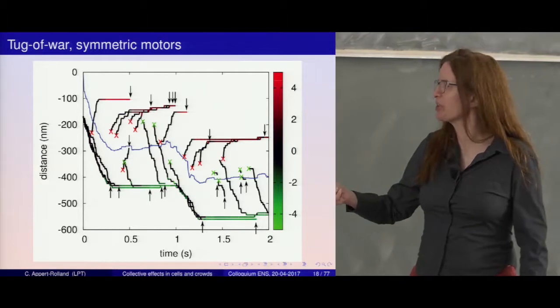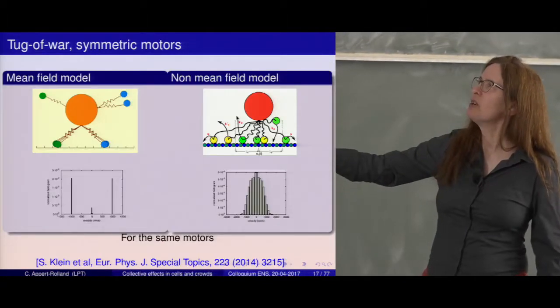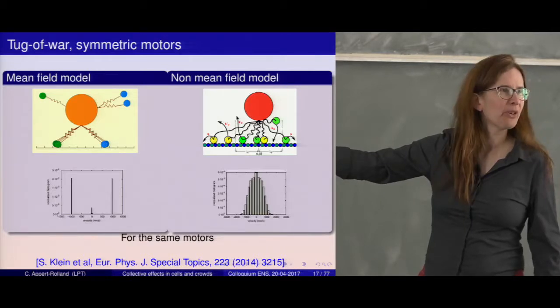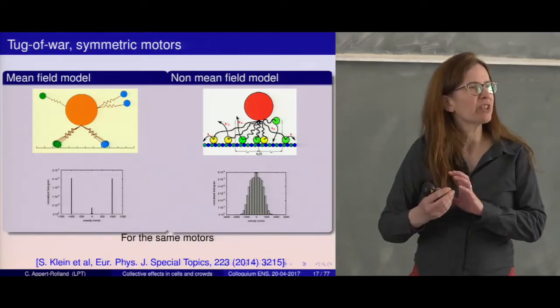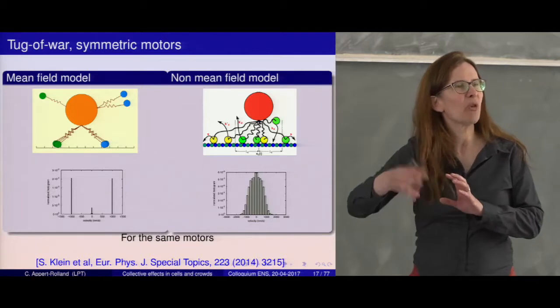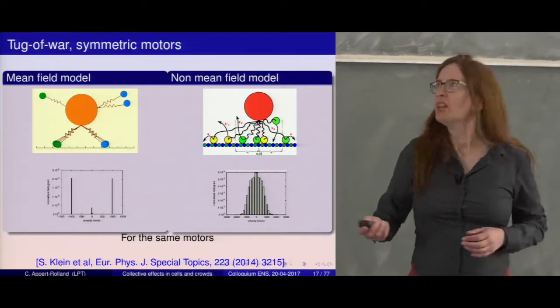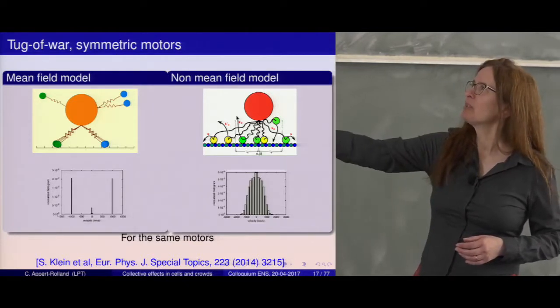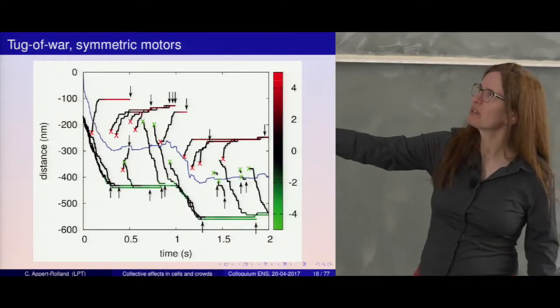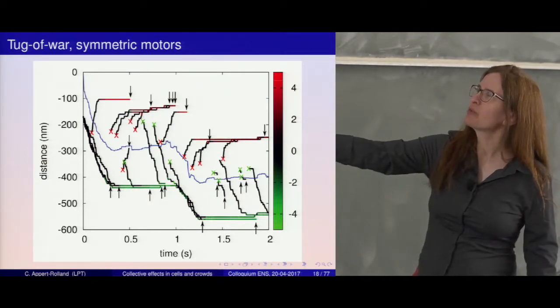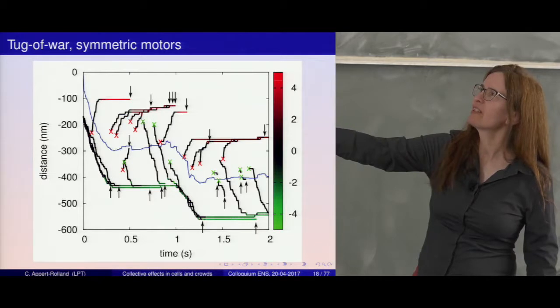One way to understand why it is so is that in this configuration, when one motor is pulled off, the force immediately increases on the other ones, and so they are more likely to be also pulled off, and everybody goes away at the same time. While in this model, this is space and time, and the crosses are where the motors attach, and then they step.